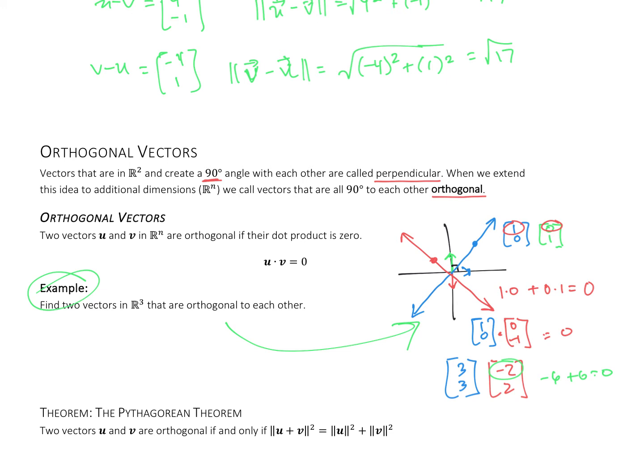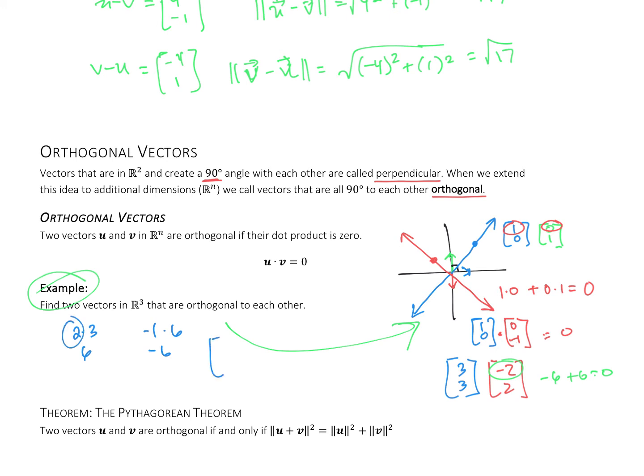Another way to handle this is just picking values that you know. So if I set it equal to 0, let's say 2 times 3 gives me 6, and -1 times 6 gives me -6, that would give me 0.